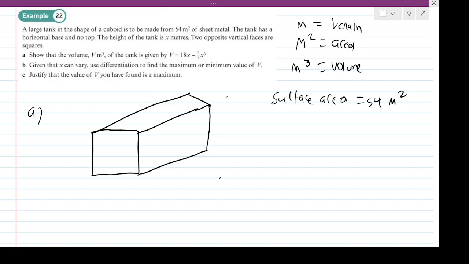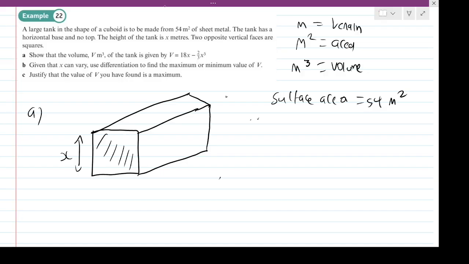The height of the tank is x, so the height would be like this. That's x then. And the two opposite vertical faces, that's this shape, and if you can imagine the shape on the other side, that would be facing that way. Anyway, that vertical face are squares.